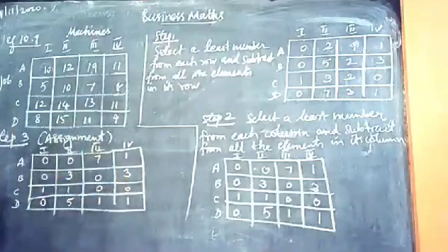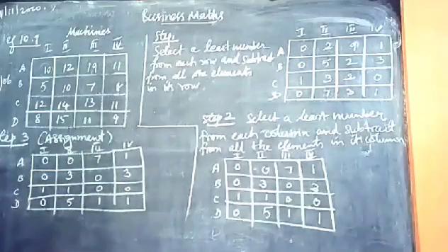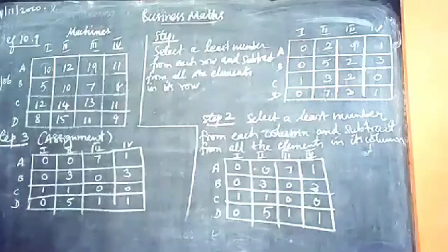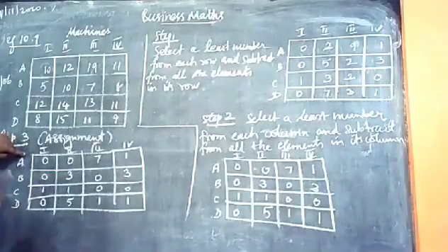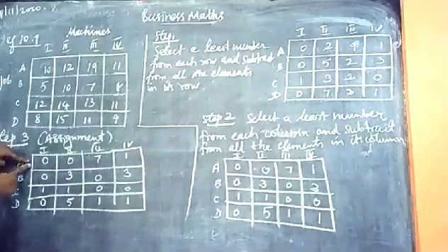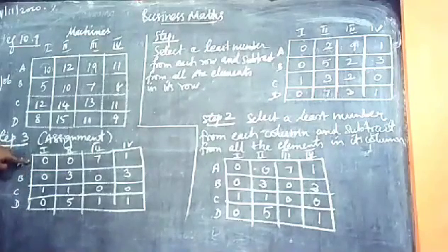Now what we are going to do is check row wise for exactly one 0. You must always start row wise, and only then go to columns. Checking first row, I don't have exactly one 0 here. I'm having 2 zeros. So I'm not going to assign here.